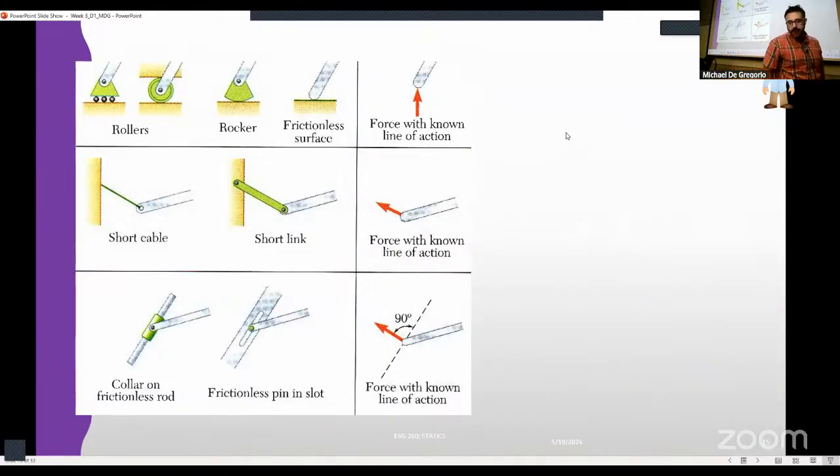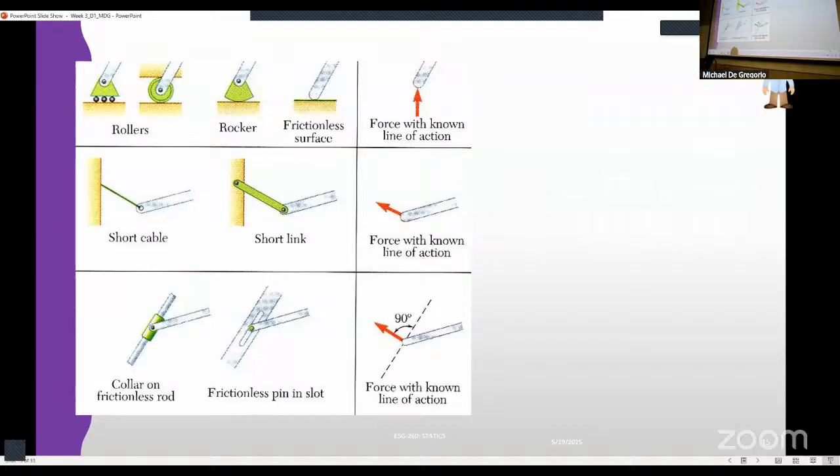Okay, here is a table. You also have a table like this in your textbook, table 5.1 in chapter 5. Should be the first table in chapter 5, hence the point 1. So these are all the common different types of reactions that we would have. Notice rollers and rockers, this is kind of what they look like. Also frictionless surfaces.